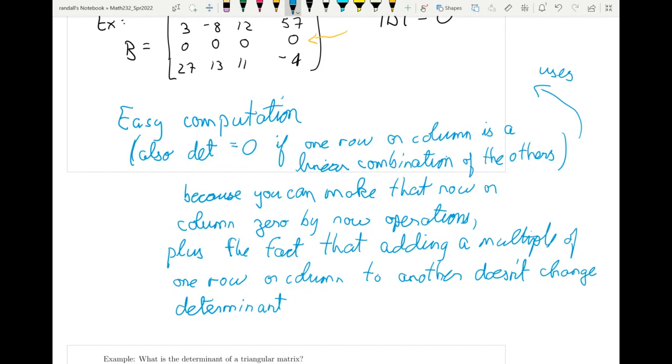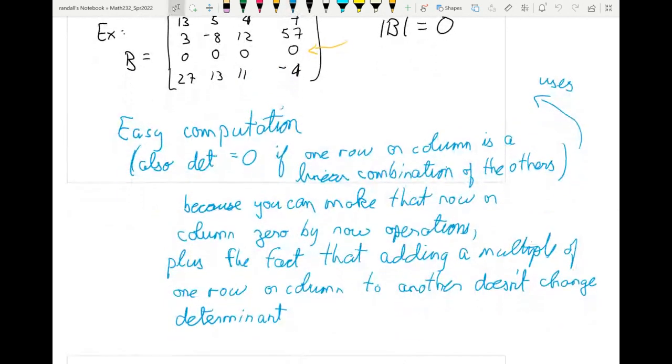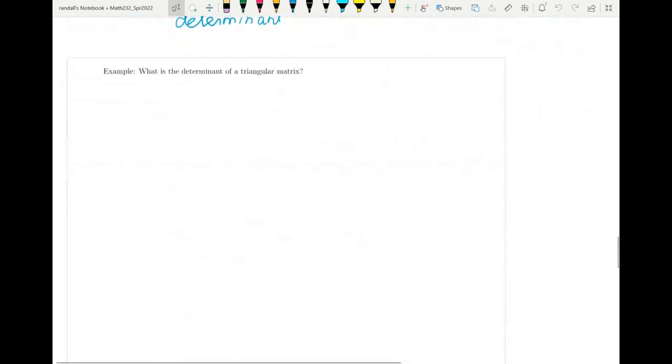So that's the reason this other fact holds, that if a row or a column is a linear combination of the others, then the determinant of that matrix will be 0. And this is used actually to show whether columns or rows are linearly independent. Okay, so it's another way to do that kind of problem. We're not going to spend much time working on these subtleties, but that is another feature of how the determinant is used.